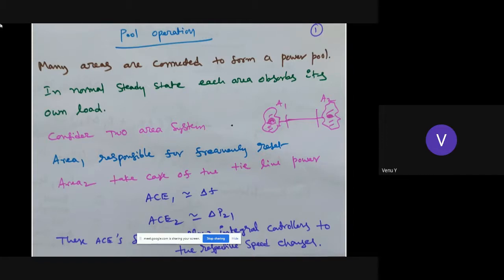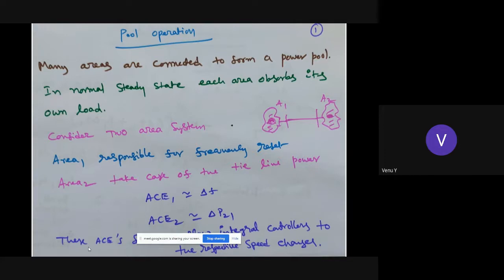Now let us consider a two area system in which area 1 and area 2 are connected together with the help of a tie line. ACE1, in the pool operation in olden days, the first area is responsible for frequency control.